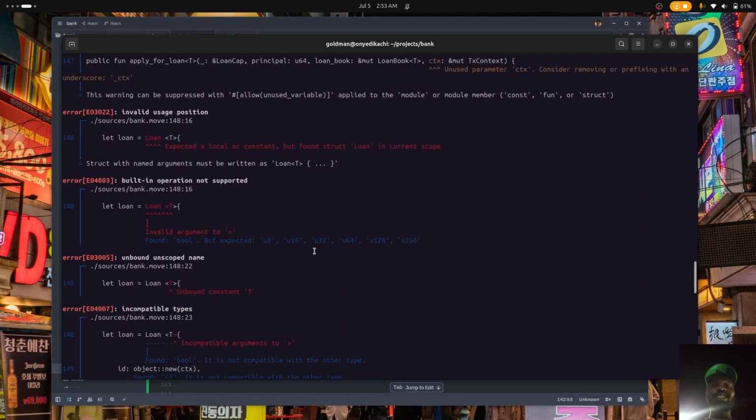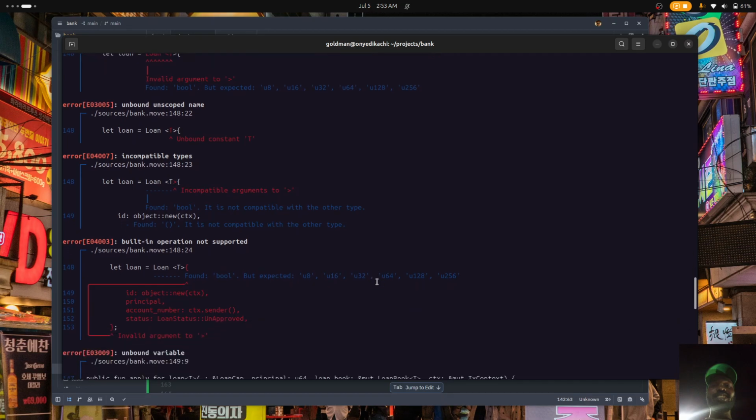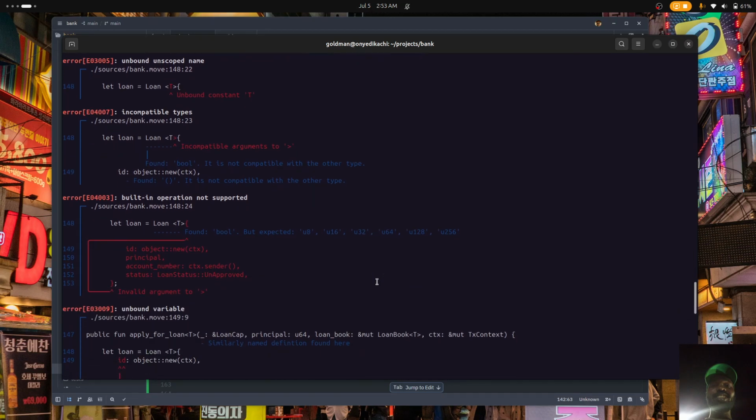Expected a local constant but found unknown in scope. It compacts a lot of types.